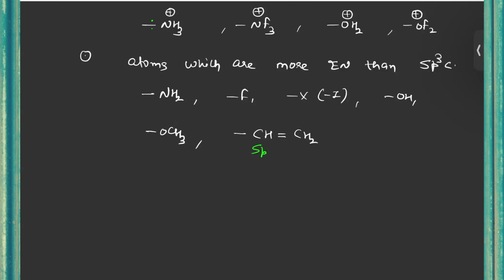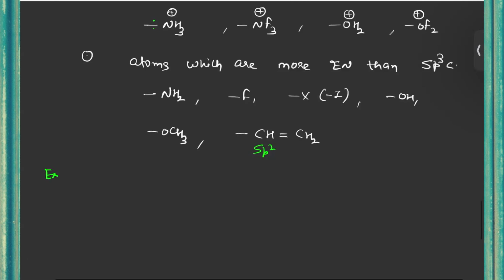Even sp2 carbon. This carbon is sp2 hybridized because it has made 3 sigma bonds. So when it is sp2 hybridized carbon, it will have a minus I effect, because if you see the electronegativity, it goes sp, then sp2, then sp3.